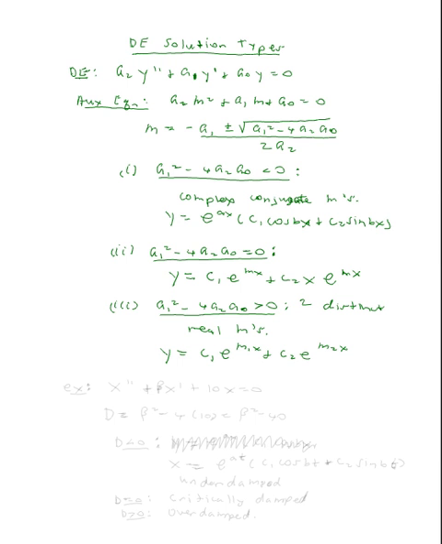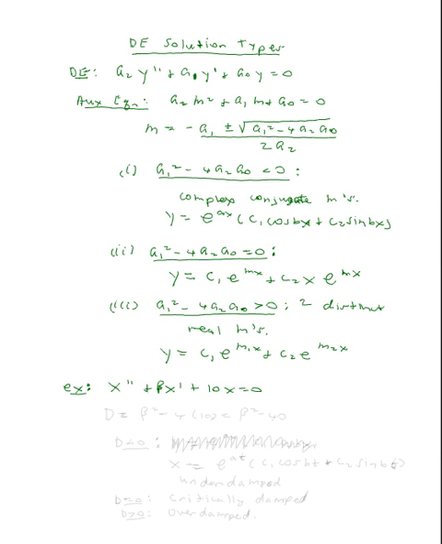As an example, suppose we have a spring mass system, and the differential equation that models the system is x double prime plus beta times x prime plus 10x equals 0.